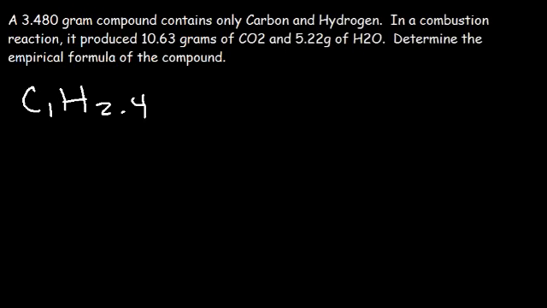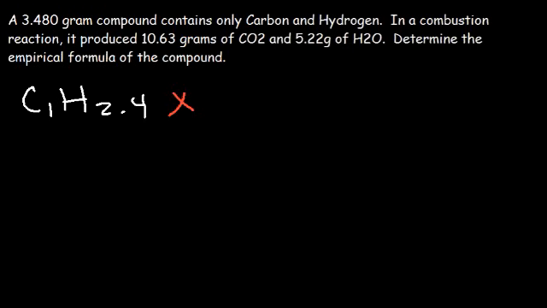What number should we multiply the subscripts by to convert the 2.4 into a whole number? Is it 1? Is it 2? Is it 9? Is it 20? What number do we need? Now remember, earlier in this video, we said that if you see 0.2, multiply by 5, because 0.2 is 1 over 5.